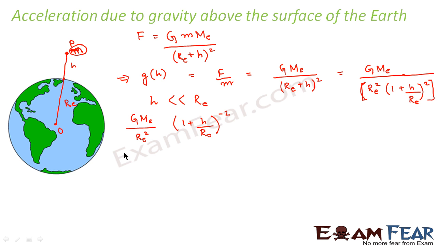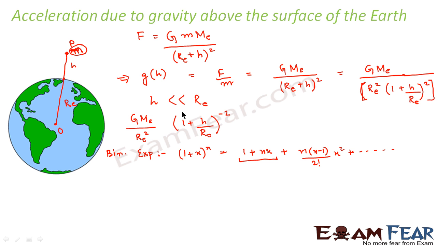The binomial expansion, which you must have studied in mathematics, says that 1 plus x to the power n can be written as 1 plus nx plus n into n minus 1 by factorial 2 x square and so on. Since h is very much less than Re, we consider only the first two terms and neglect the higher terms.